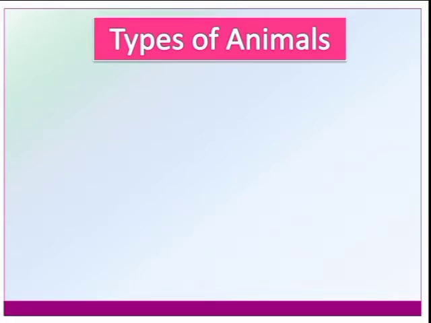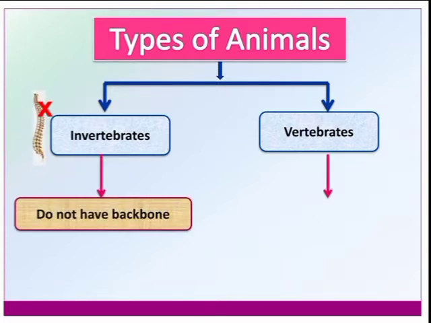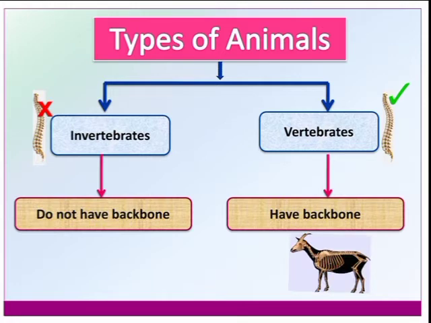Children, animals can be divided into two types on the basis of presence or absence of backbone. These are invertebrates and vertebrates. Animals which do not have backbone are called invertebrates. On the other hand, animals which have a backbone or a skeleton are called vertebrates.